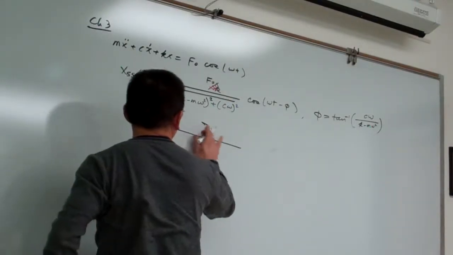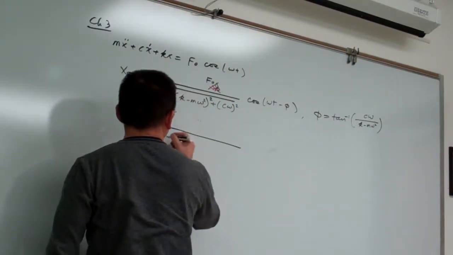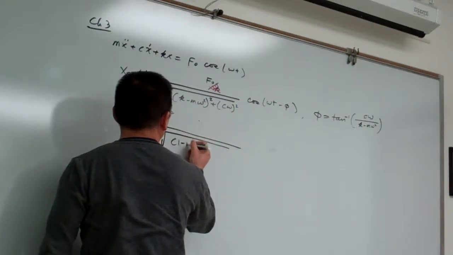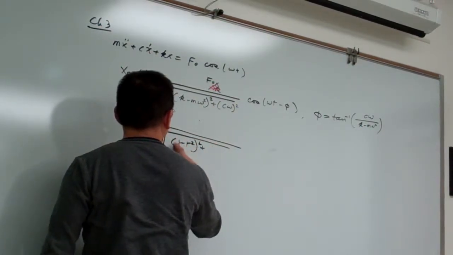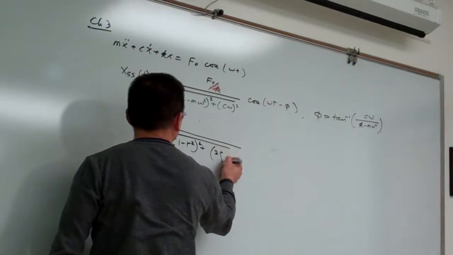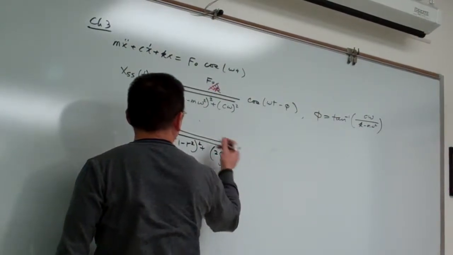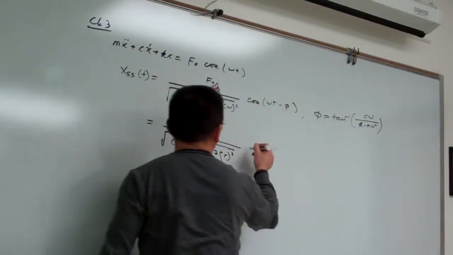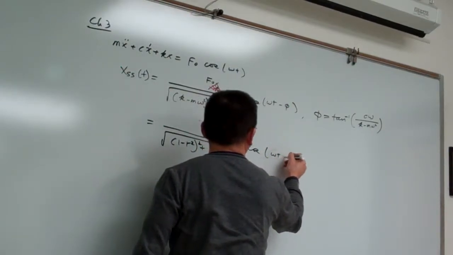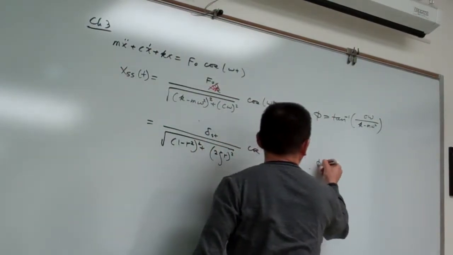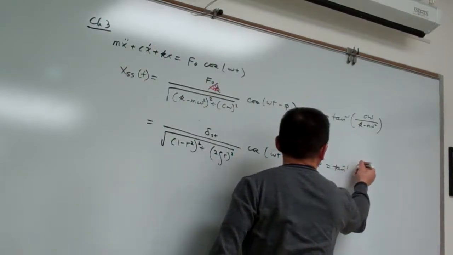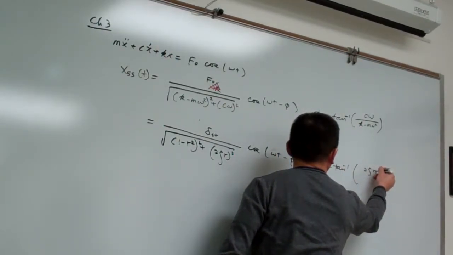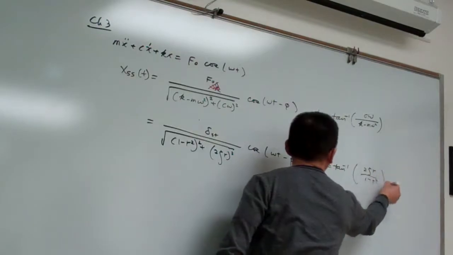In terms of R, it is delta st over the square root of (1 minus R squared) squared plus (2 zeta R) squared, times cosine omega t minus phi, and phi equals arctangent of 2 zeta R over (1 minus R squared).